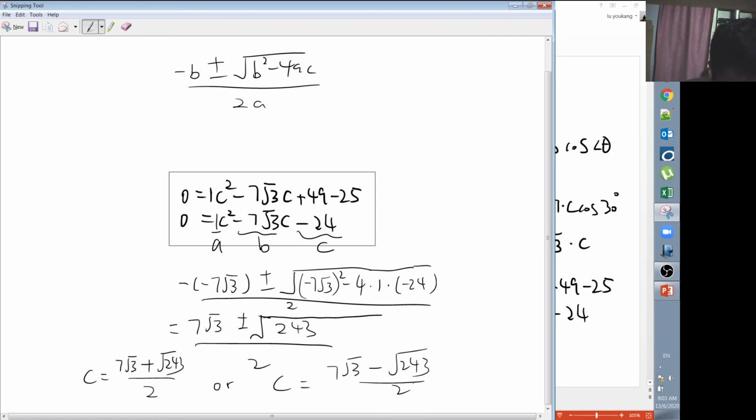Let me figure out the first answer. So square root is, oh, this is pretty nice. In fact, this is 9 root 3.